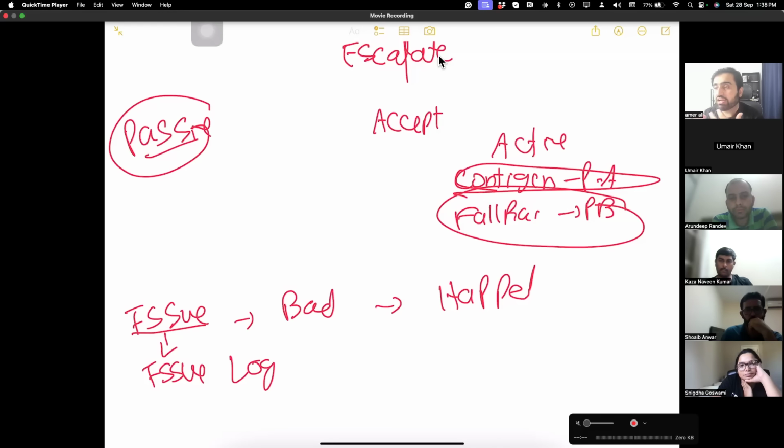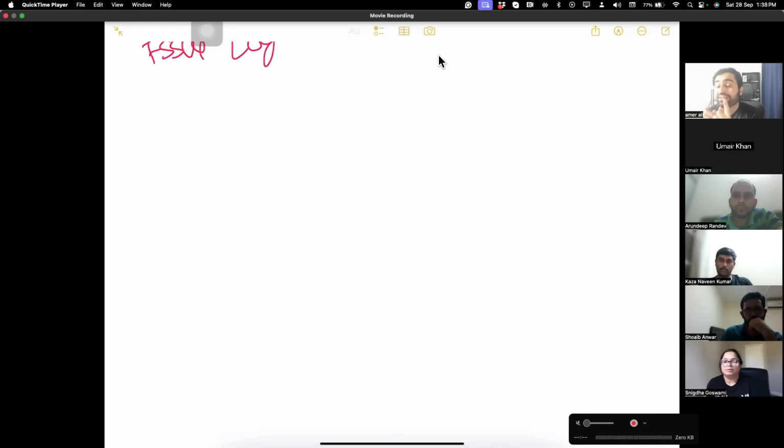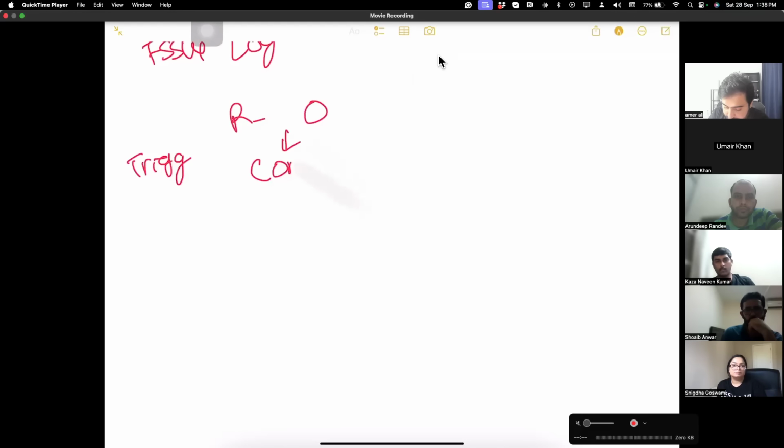When a trigger happens, you implement the risk response for that, and then you update the risk register. So let me put it this way: a trigger happens, the risk owner implements the contingency plan, and that fails. He puts in the fallback plan, and then he updates the risk register.